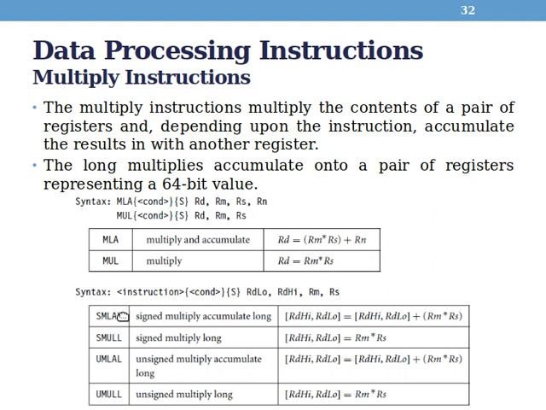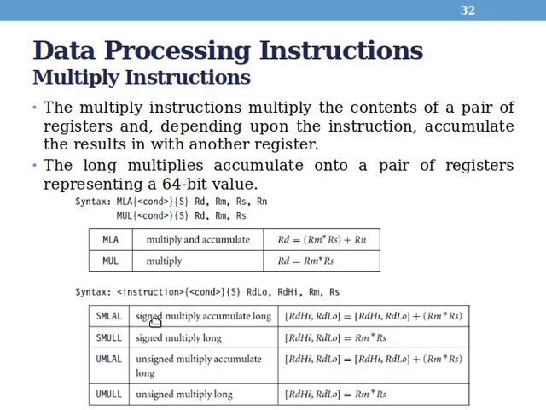Okay, we'll go to the next one, the long multiplication. You have four long versions here: the signed versions and the unsigned versions. You can see the signed version here. It's the same thing, MLA, only in the beginning there is an S, indicating a signed multiply and accumulate instruction, as well as a long instruction.